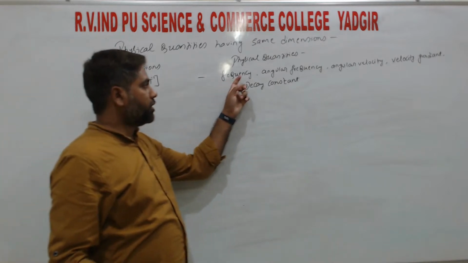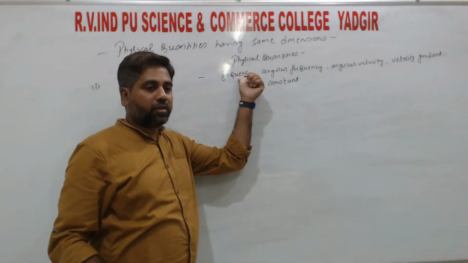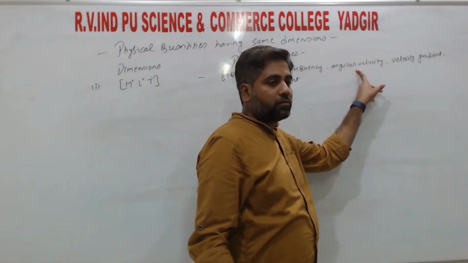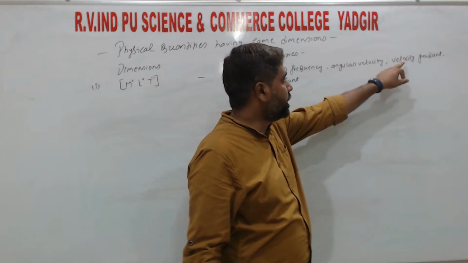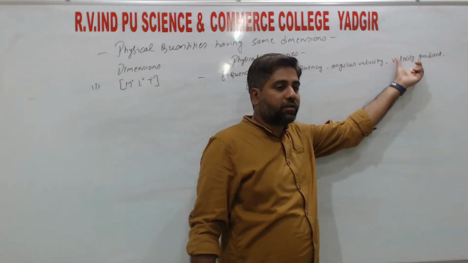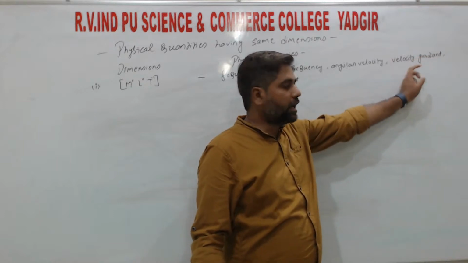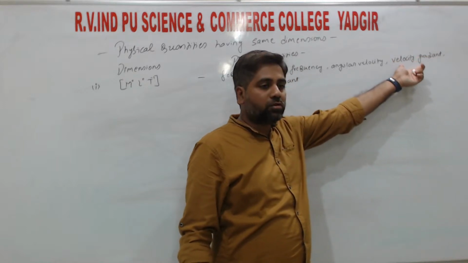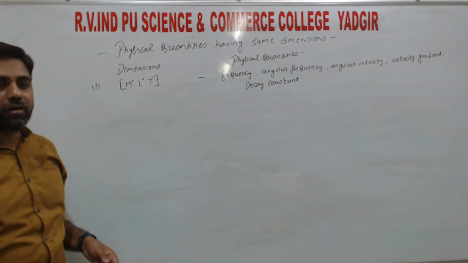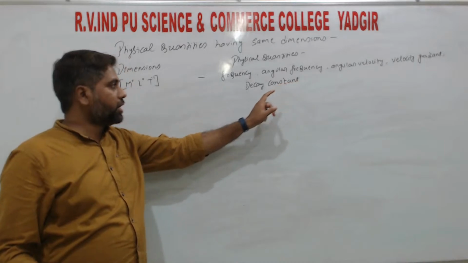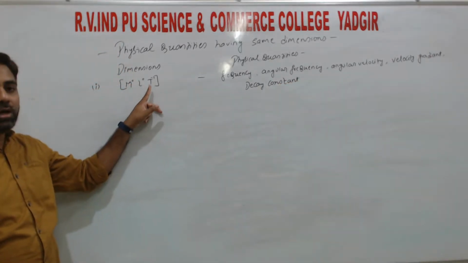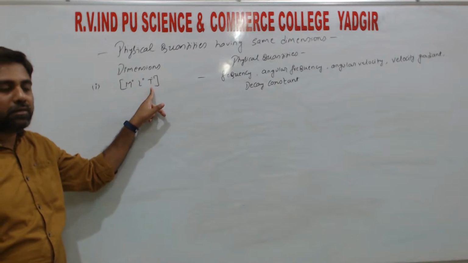So frequency, angular frequency omega. So angular velocity, right? So that is omega, delta S by t. So velocity gradient. Gradient is nothing but velocity changing with respect to distance, right? So that we call velocity gradient. And the last one is the decay constant, right? So all these physical quantities have the same dimensions, that is M L power 0 T power minus 1, right?